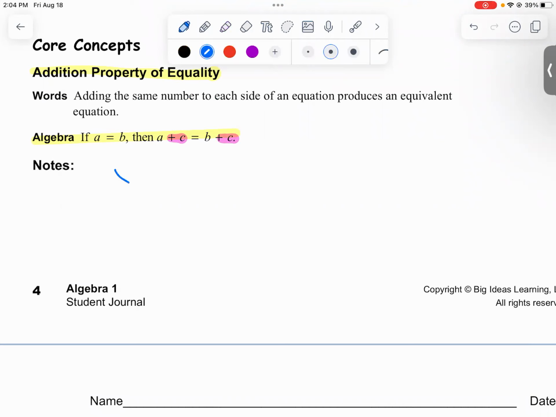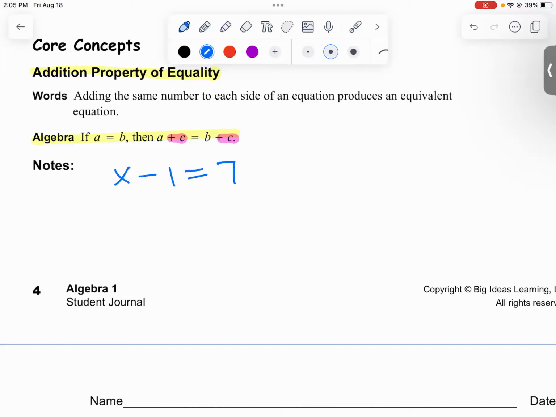So if I have, write this down, x minus 1 equals 7. Now, a lot of you can tell me right now what x equals, but let's talk about why I'm writing this down with this property. If we want to get x by itself, 1 is being subtracted from x.